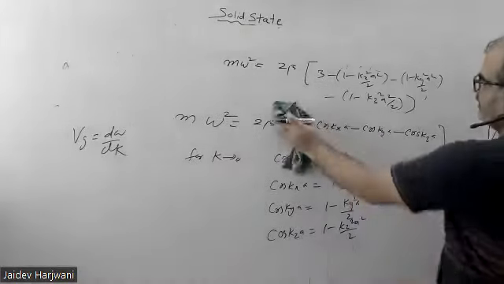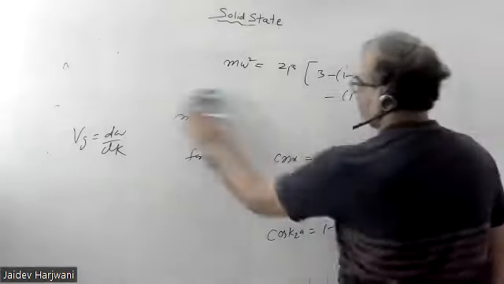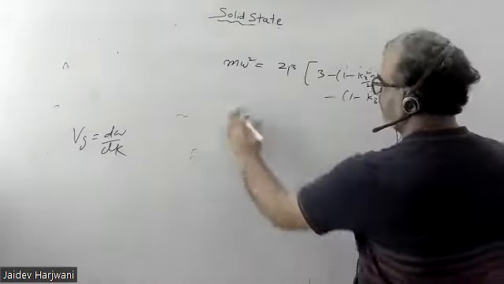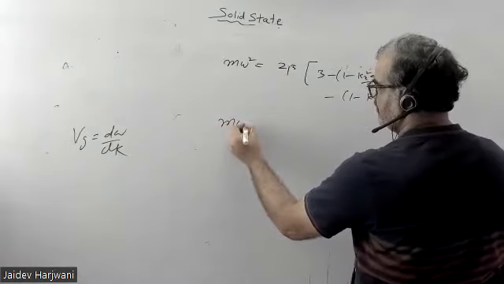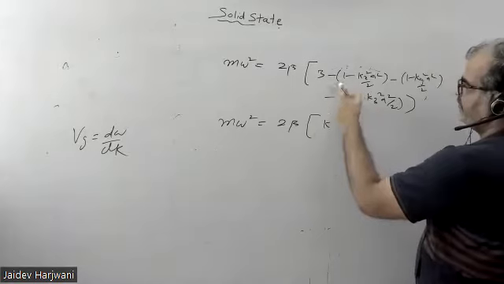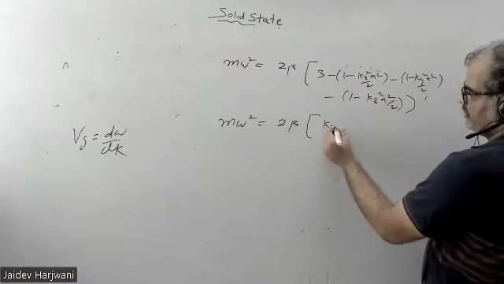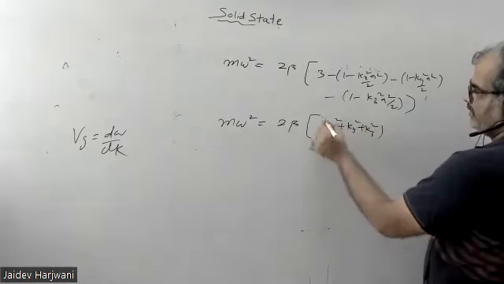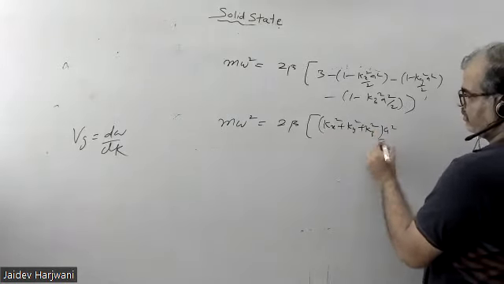If we solve this, the 3 cancels, and the terms become plus, so you get kx square plus ky square plus kz square, times a square by 2.